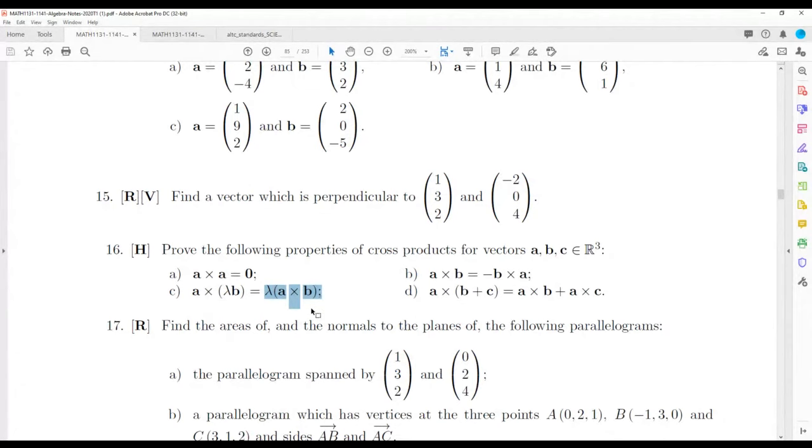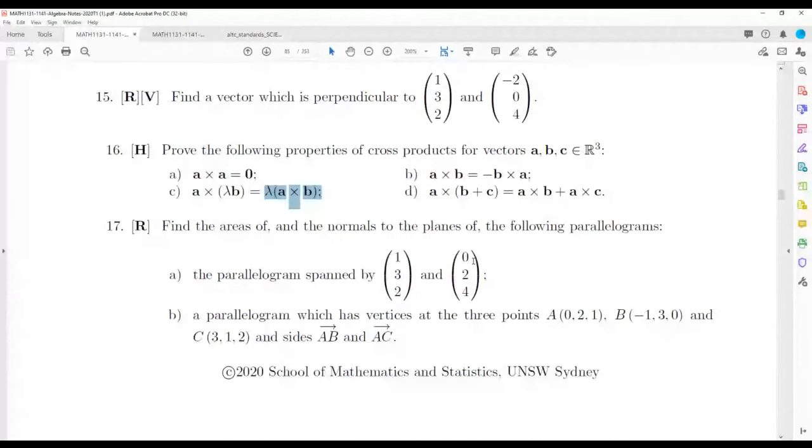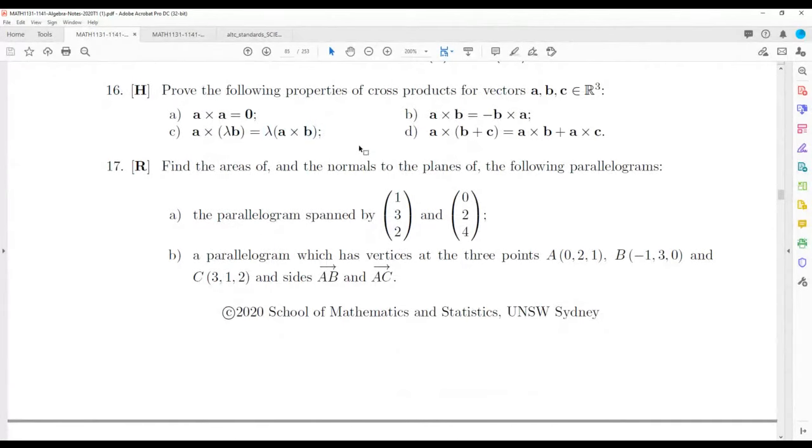Okay, let's have a look at 17. Okay, so cross product can also be used for area. Not only does it give you a normal vector to two other vectors, you can also use it for area.